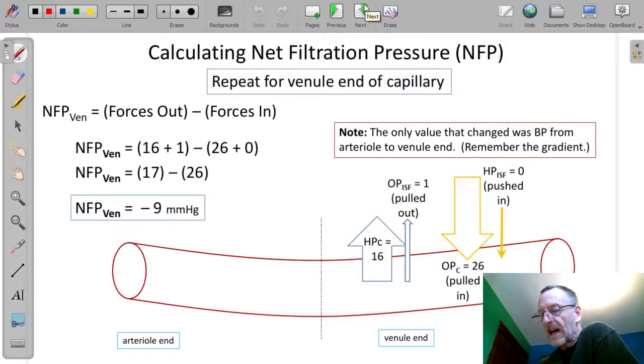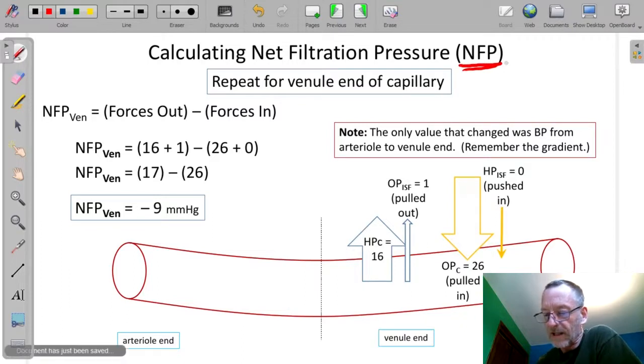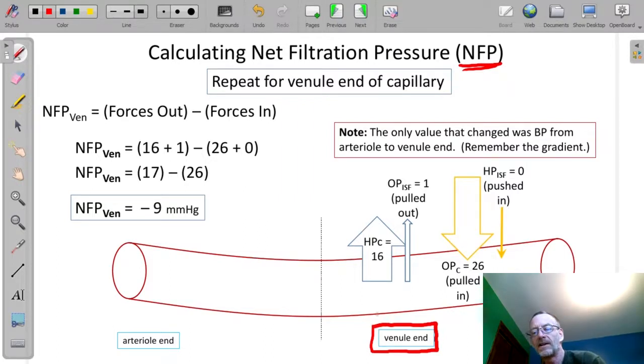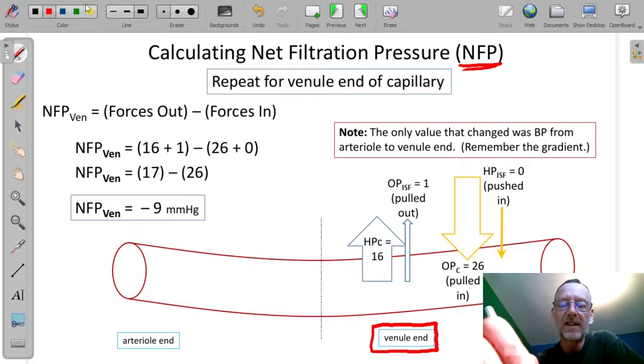So we're doing exactly the same thing to calculate the net filtration pressure now at the venule end of the capillary. Notice that the only term that has changed in the story is the hydrostatic pressure. And that makes sense.